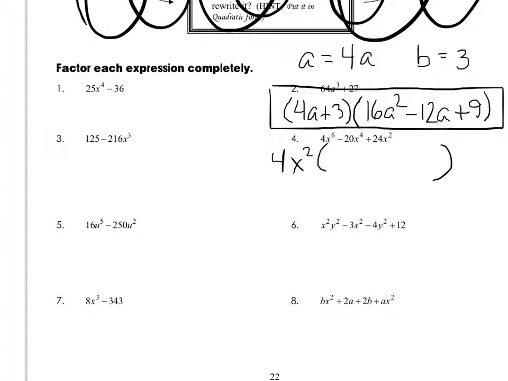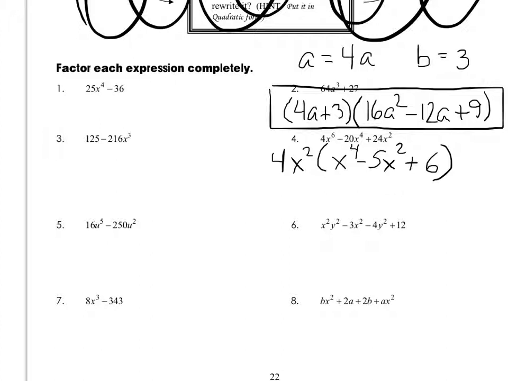If I do that, that's going to leave me with an x to the 4th for the first term, a negative 5x squared for the second term, and a 6 for the third term. And if you think about multiplying them back, 4x squared times x to the 4th would be 4x to the 6th. 4x squared times negative 5x squared would still give me this. 4x squared times 6 would still give me this.